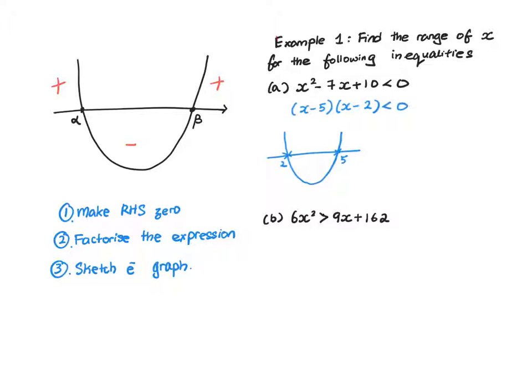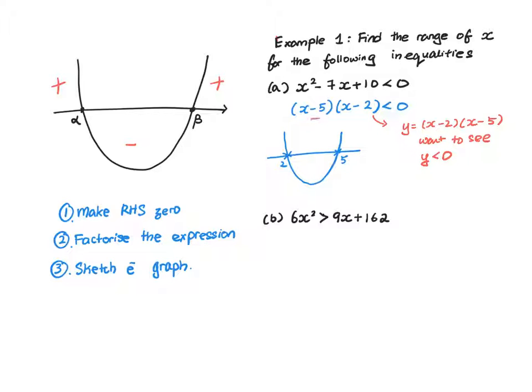Because we want the region where x minus 2, x minus 5 is less than 0, this is equivalent to sketching y equals x minus 2, x minus 5, and we want to see where y is less than 0.